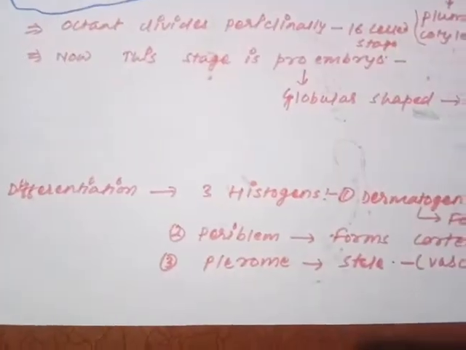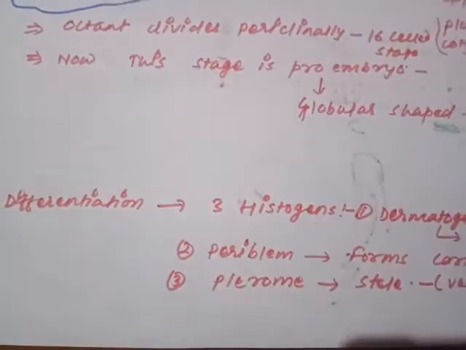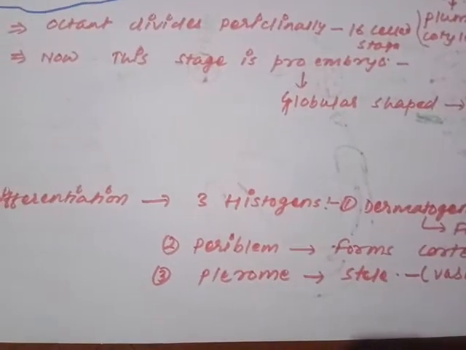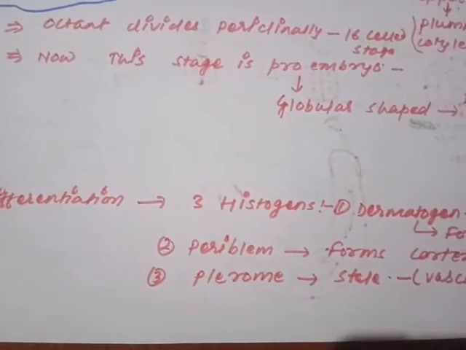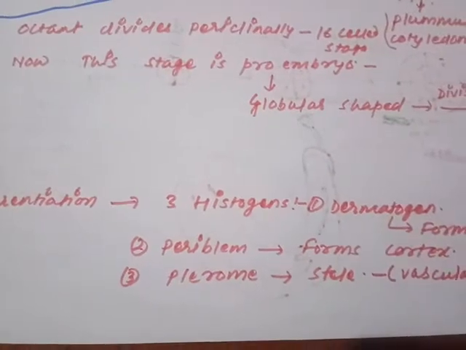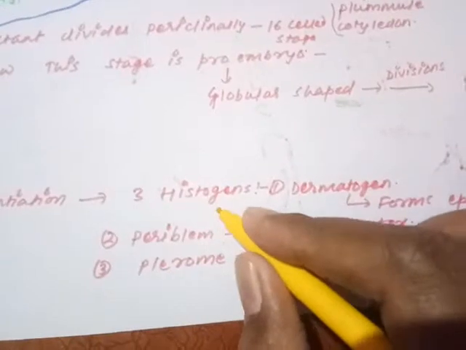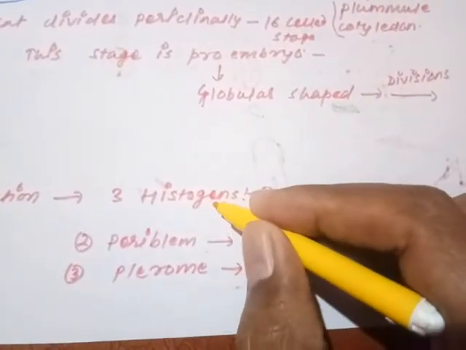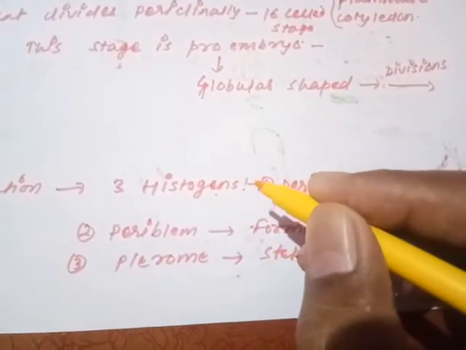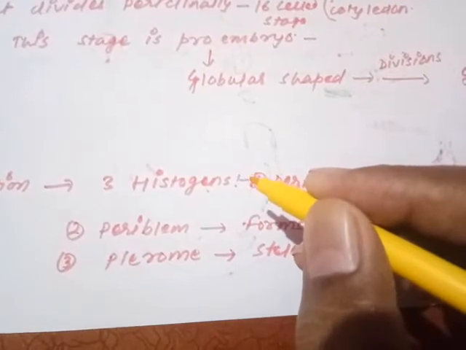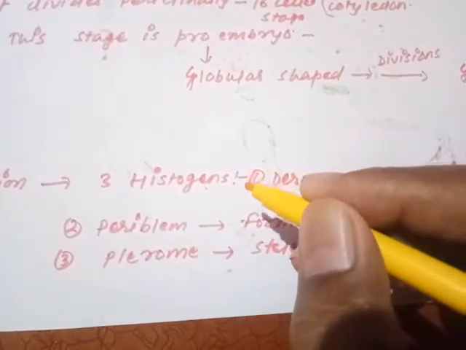Very next to that, when the embryo is converting into the heart shape, the differentiation process begins again. During this differentiation, the embryo prepares permanent structures which are going to produce particular tissues. The structures that develop are called histogens.